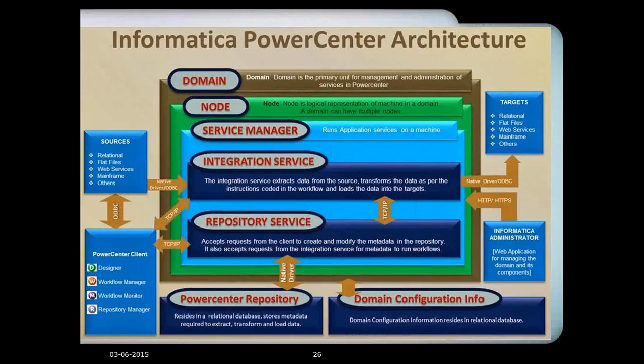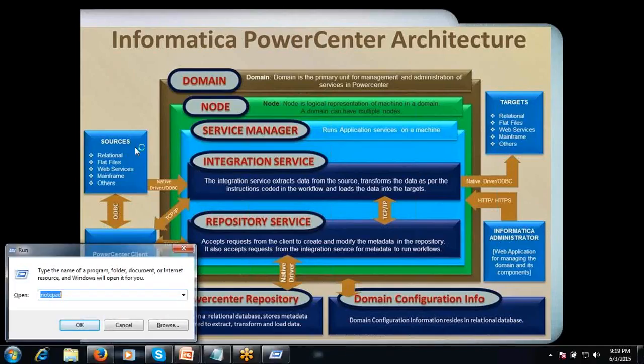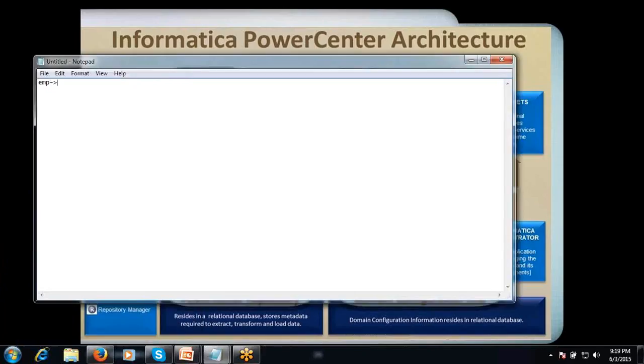Right now, I'm going to explain the execution part of Informatica. Take the source as tables, for example EMP, a relational table. From EMP, my scenario is to get the data. In the EMP table, I have so many rows.